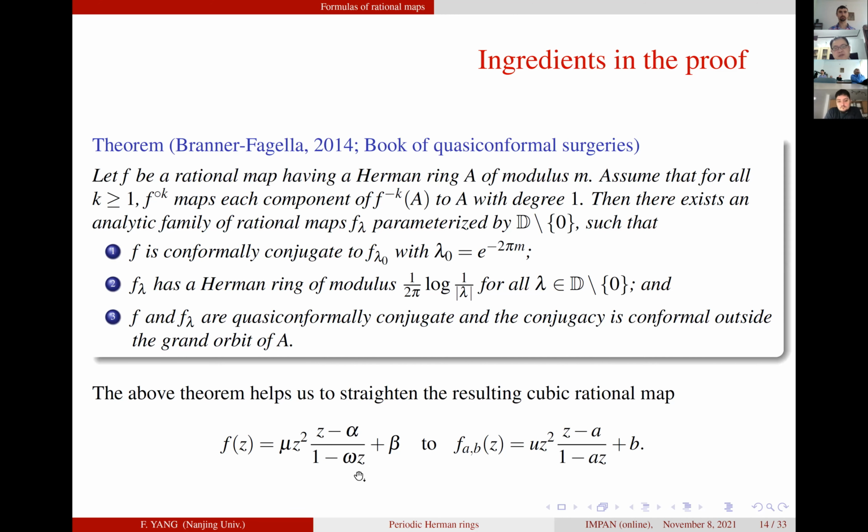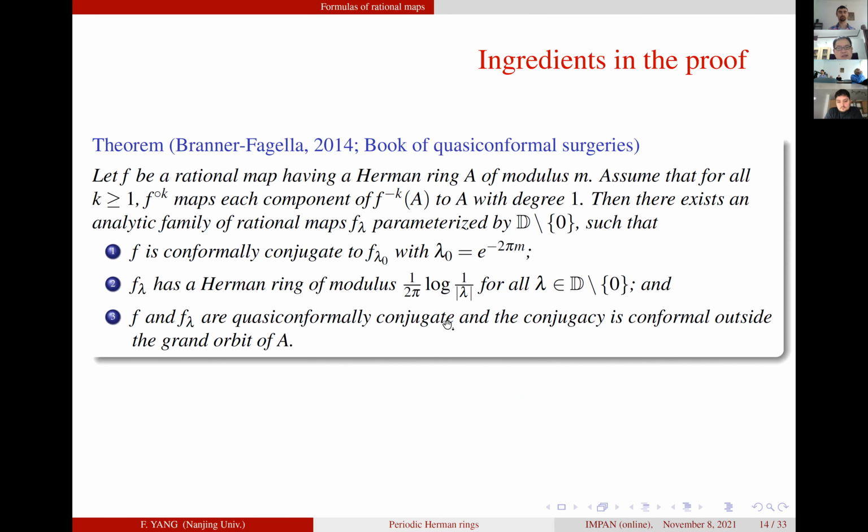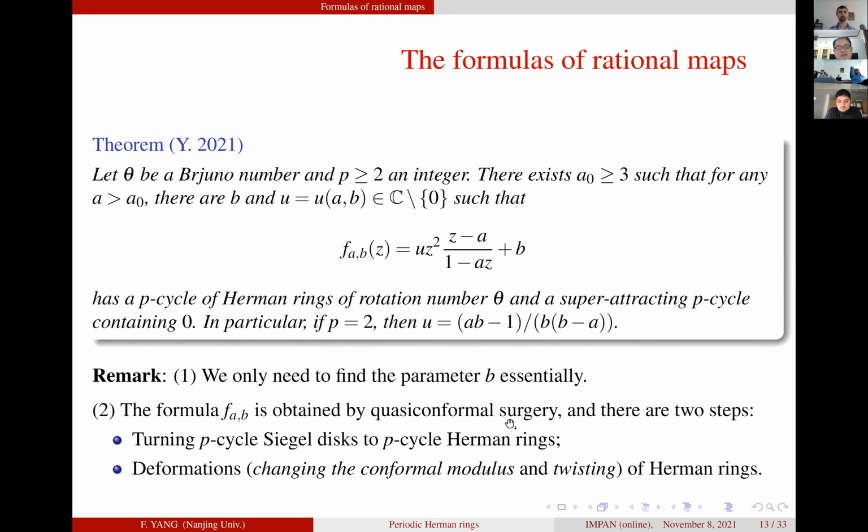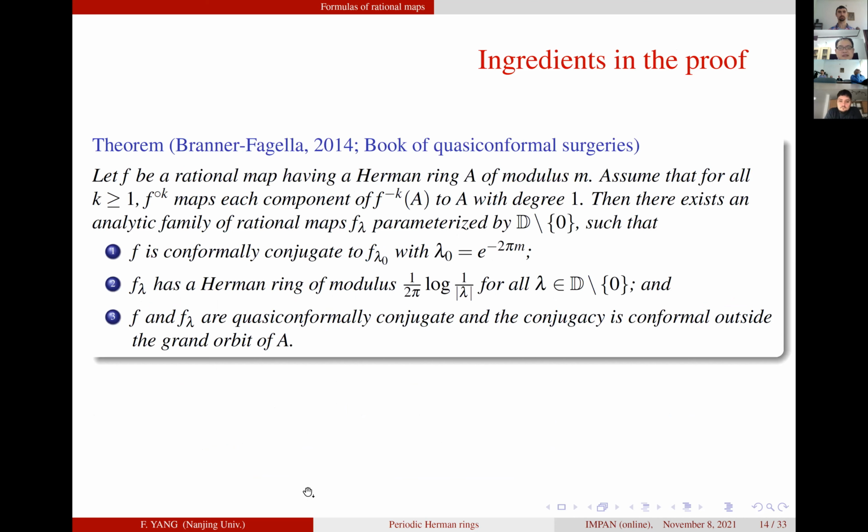I think I forgot to mention what the original map is before surgery. The original map is a quadratic polynomial that has a p-cycle Siegel disk. Then we perform quadratic surgery just as Shishikura did, and then we obtain a cubic rational map like this.